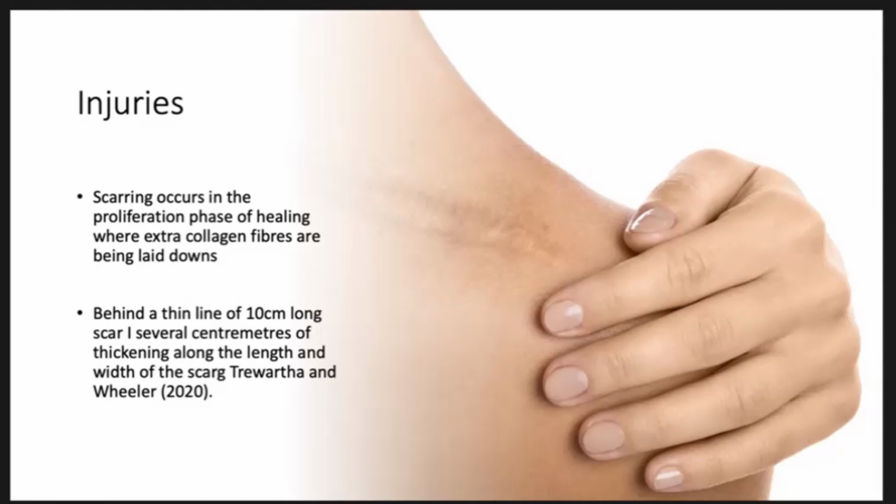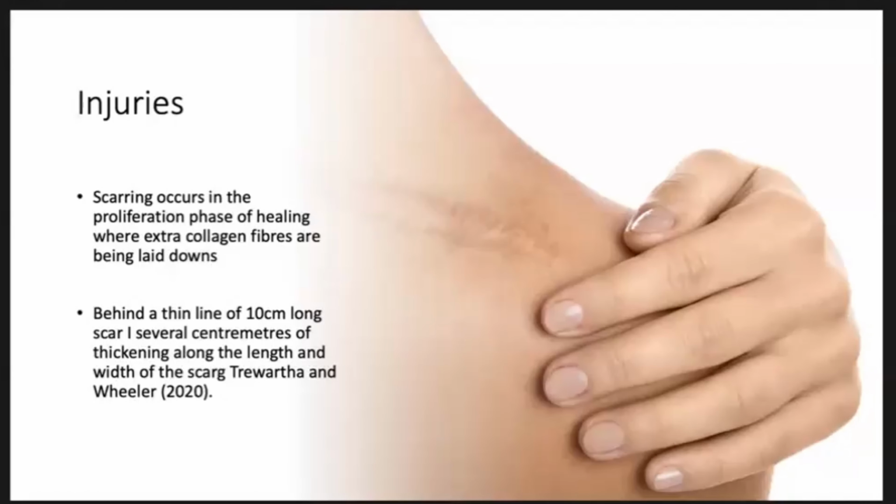You get inflammation, then you get proliferation, which is where the body lays down more collagen fibers to protect it. And behind a line of a 10 centimeter long scar, you get about several centimeters of thickening. So if that's the line of the scar that you can see, you might have a good several centimeters of thickening along that whole scar, the width and the length.